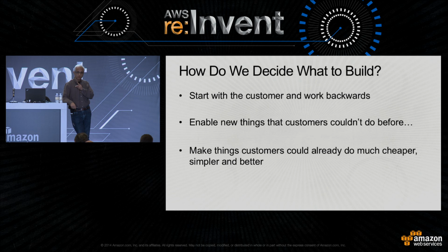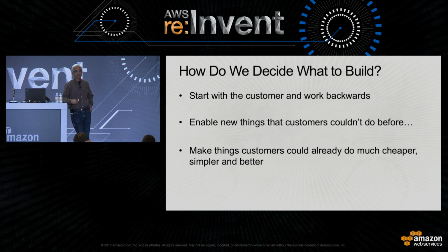And the 2 key questions we ask when we try to get to yes in our decision making at the leadership level is, okay, what is it that you're going to enable for customers that they couldn't do before? Because as you know, Amazon is not only customer obsessed, it's also a very inventive company.